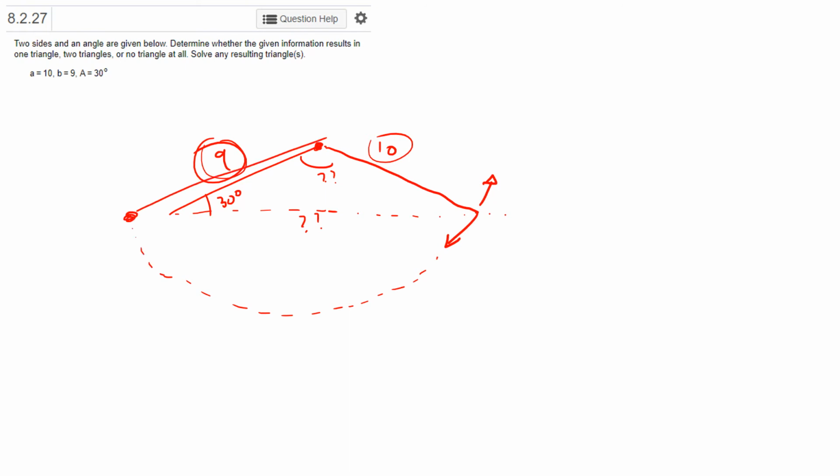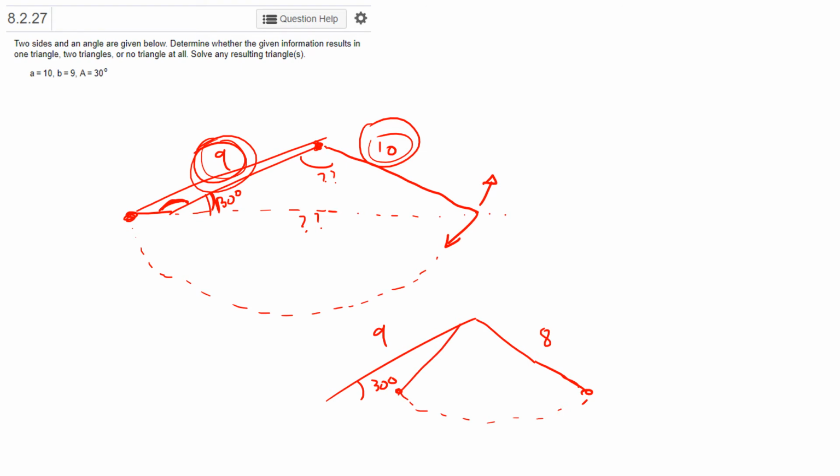So if I wanted to complete this side length and this side length, I would no longer have this angle of 30, I'd have an angle back here of 150. If, however, this 10 was shorter, so if I put a 9 here, a 30 degrees, and something like an 8, well, then I could complete it here, but I could also swing it around on its hinge and make this triangle, and then there would have been 2 possible completions.